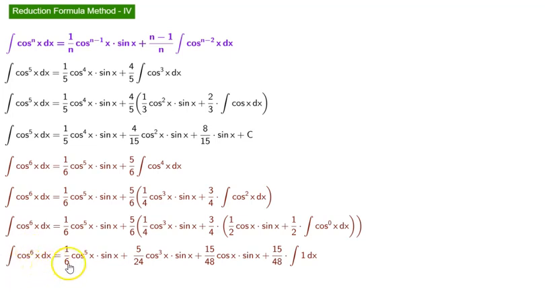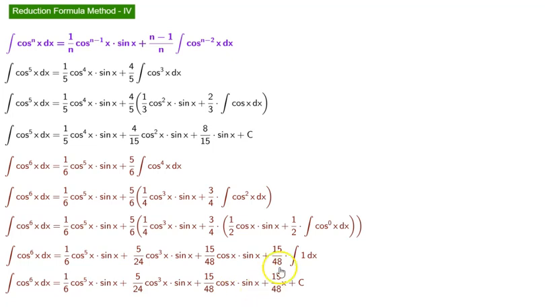integral of cos to the power of 6x dx is equal to 1 by 6 cos to the power of 5x times sin x plus 5 by 24 cos cube x times sin x plus 5 times 3 times 1, that is 15 divided by 6 times 4 times 2, that is 48, cos x sin x plus 5 times 3 times 1, 15 divided by 6 times 4 times 2, 48, times the integral of 1 dx.